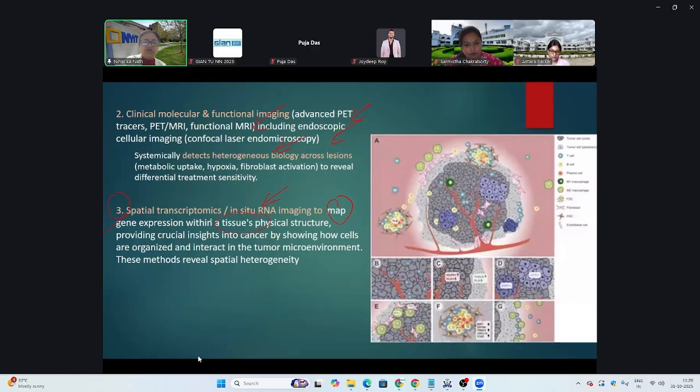So you have a tissue sample, you don't have to break it into anything, and you will be able to see how all the cells are, you can map them for their RNA content, for their RNA sequences, sorry, and you can then see who is present and who's not present, and so what is there in the tumor microenvironment, because you are able to identify them. And so therefore this is also spatial.